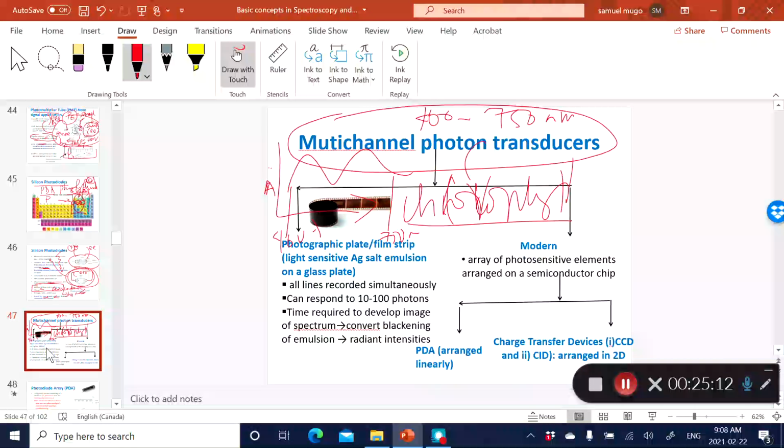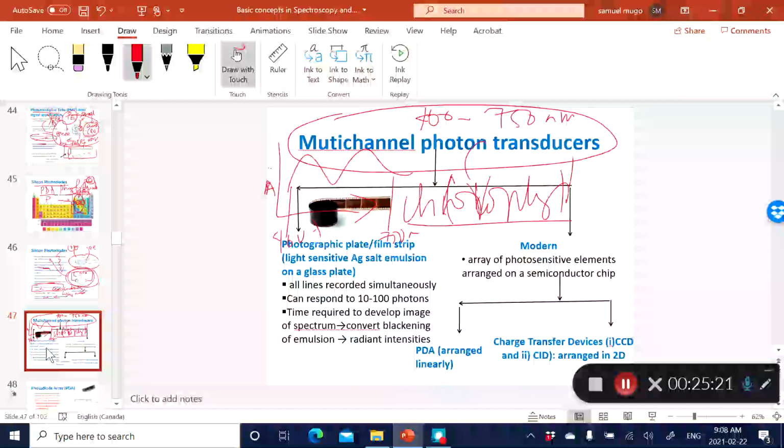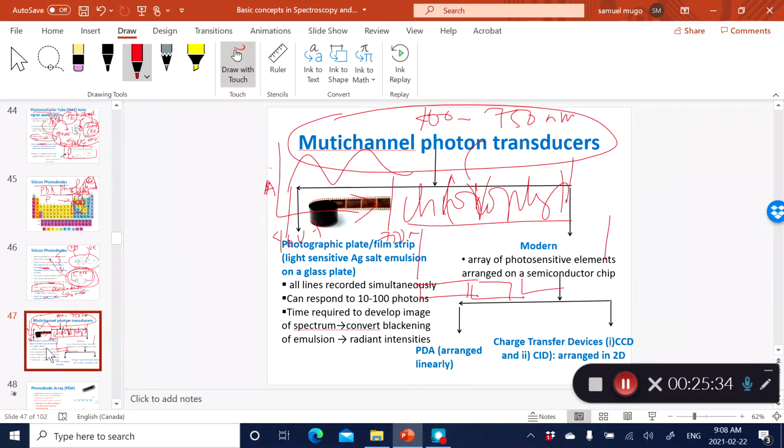So we said to do this, you can either rotate the grating so that at any given time you've got only one light beam going through the exit slit. Alternatively, you can open the exit slit and then you have a multiplex of detectors.